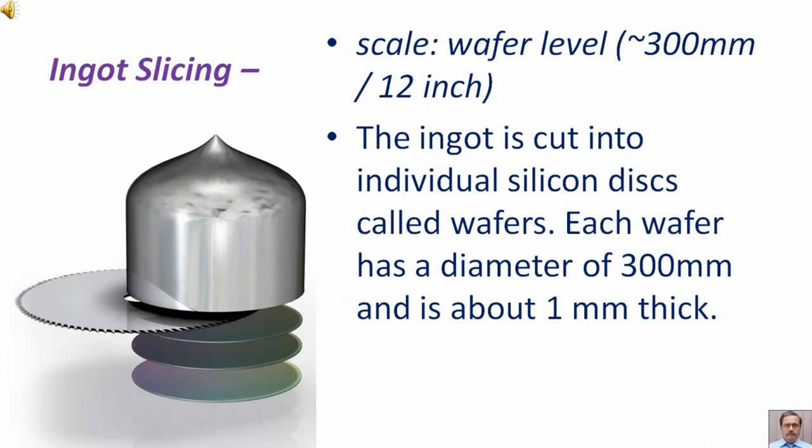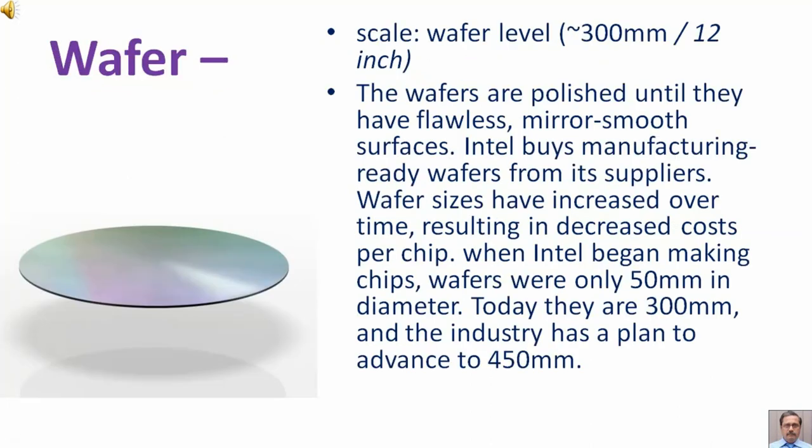Each wafer has a diameter of 300 mm and is about 1 mm thick. Wafer. The wafers are polished until they have flawless mirror-smooth surfaces. Intel buys manufacturing ready wafers from its suppliers.